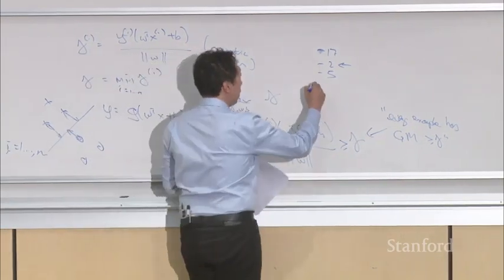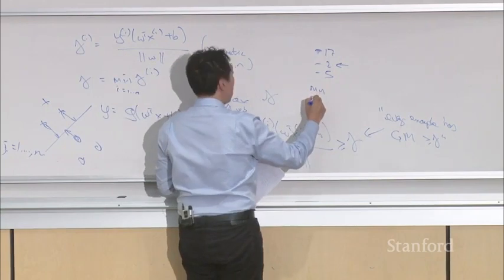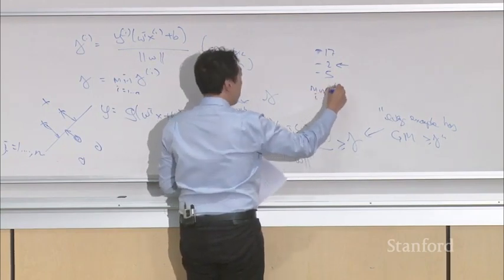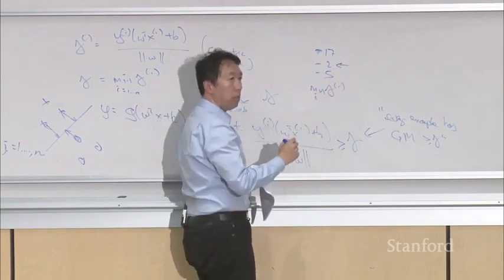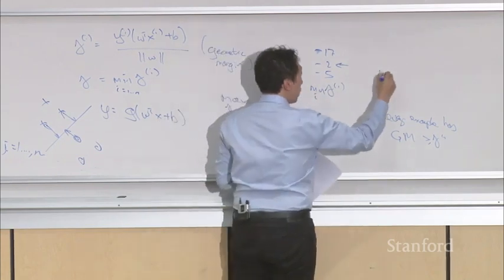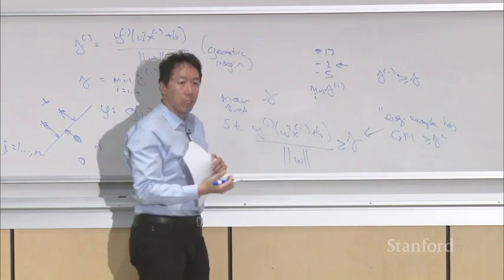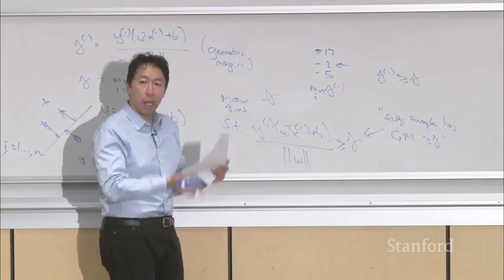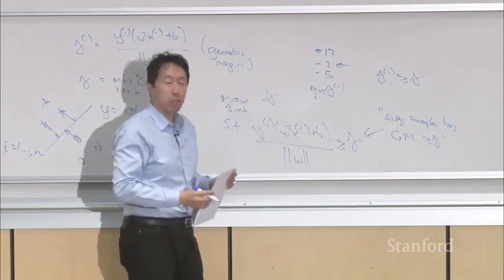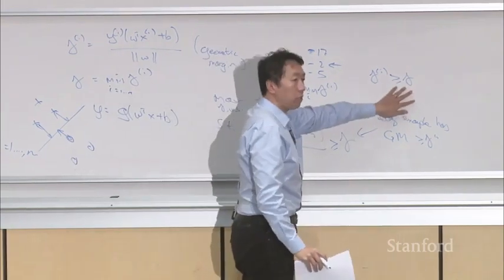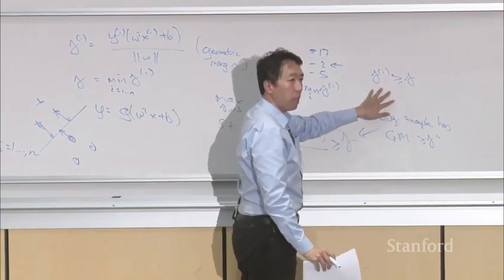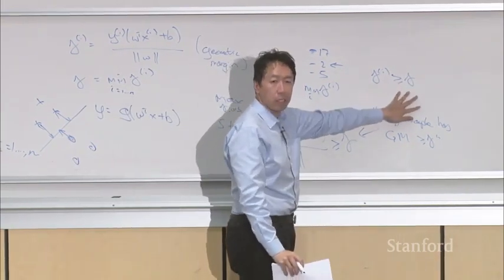where I want a min over i of gamma i to be as big as possible, one way to enforce this is to say that gamma i must be bigger than or equal to gamma for every possible value of i, and then I'm going to lift gamma up as much as possible, right? Because the only way to lift gamma up subject to this is if every value of gamma i is bigger than that.